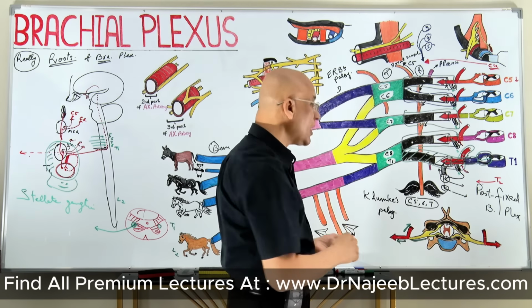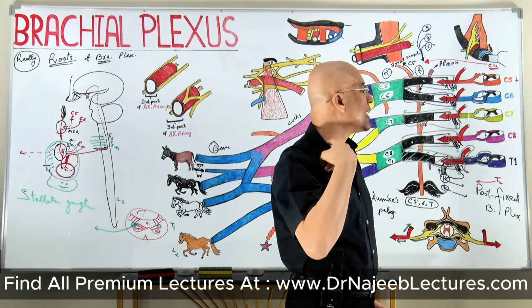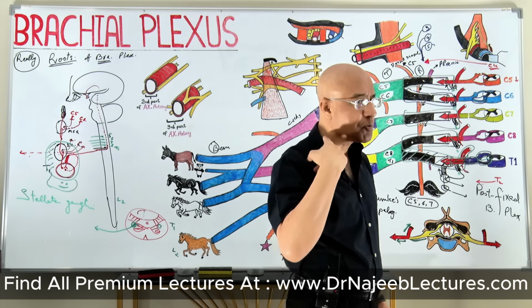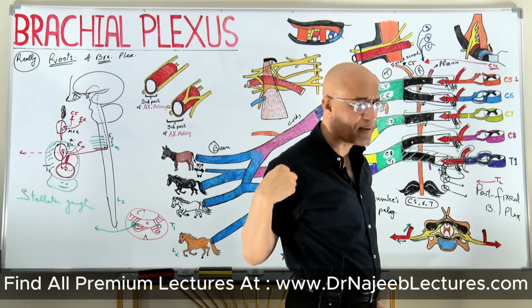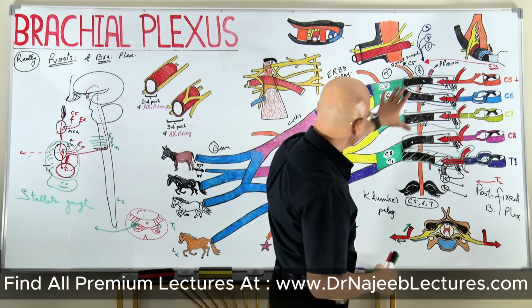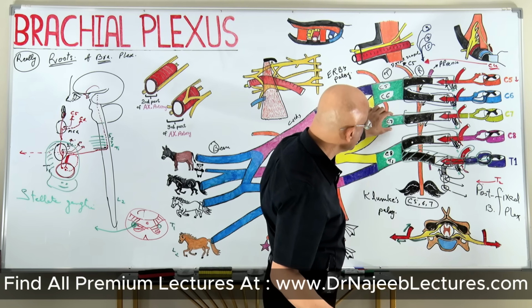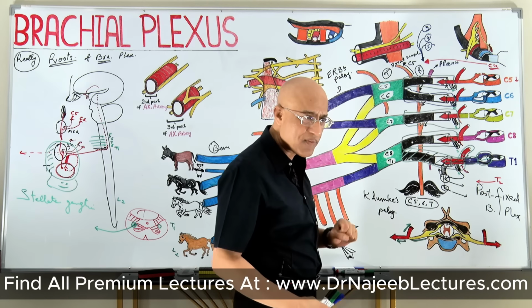Right? Now, the brachial plexus is moving downward and laterally towards the axilla, from the neck to the arm, through the axilla, right? As the brachial plexus is moving down, this is the upper trunk, this is the middle trunk, this is the lower trunk.